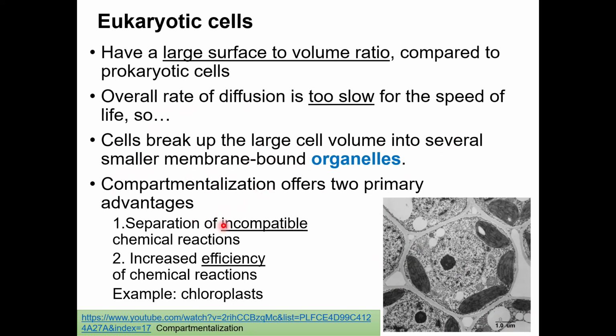It allows the separation of certain chemical reactions that are incompatible with each other, and it increases the efficiency of certain chemical reactions, for example, chloroplasts, which are involved in photosynthesis, and we'll talk about those more later on.